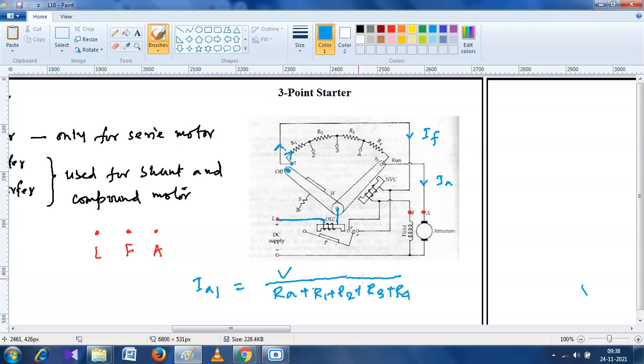This should be the value of armature current at position 1. Yes, sir. Then what will happen? A torque will be generated due to the flux and that armature current.